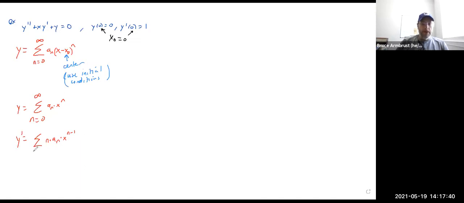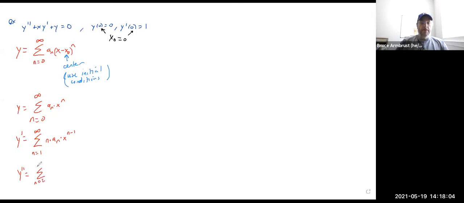But there was one little thing that we had to pay attention to, and that was that the start of our power series gets bumped up by 1 when we differentiate it. So there's our derivative.